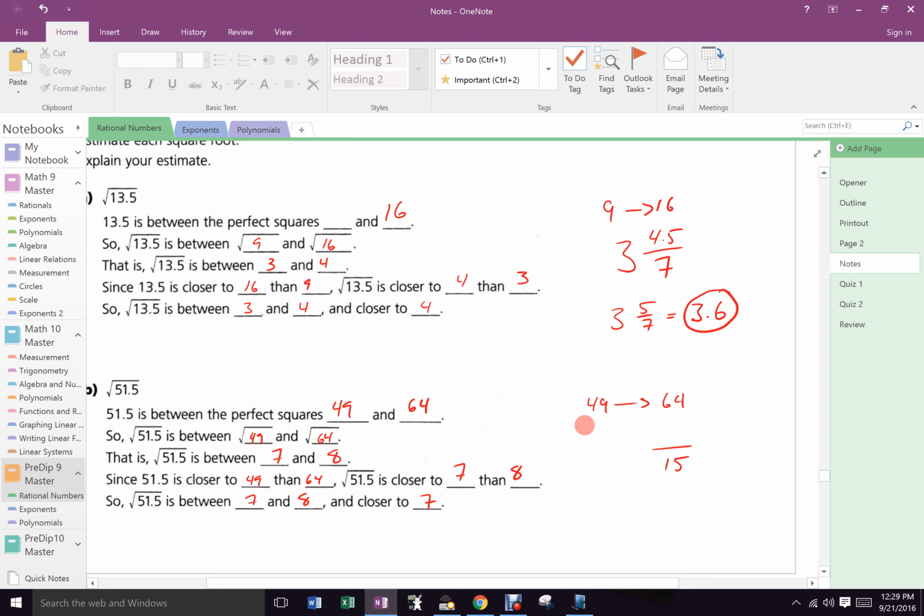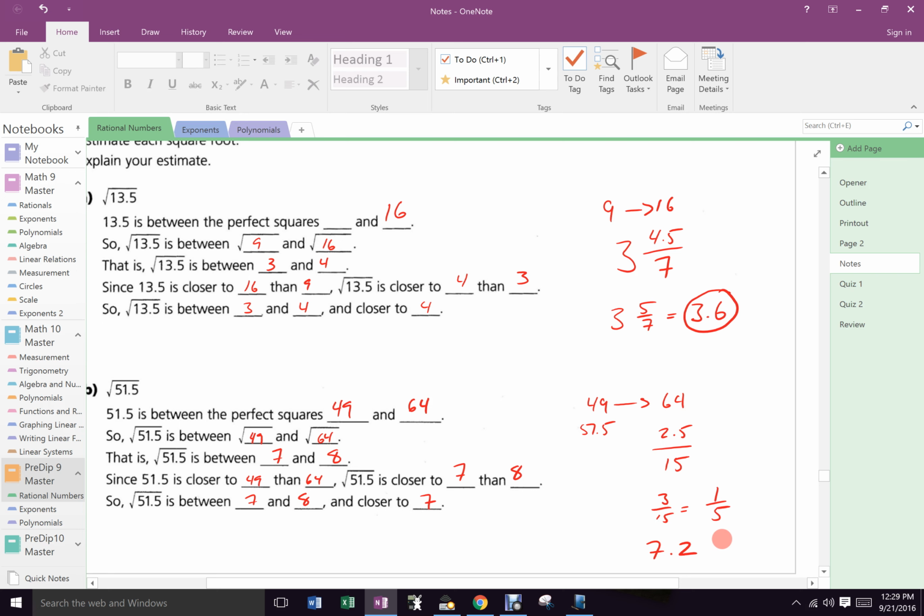And I have gone 51.5, 2.5 steps past 49, yes? Yes. So we're going to round up to 3/15, which is what? 1/5. A fifth is 0.2, so this must be 7.2.